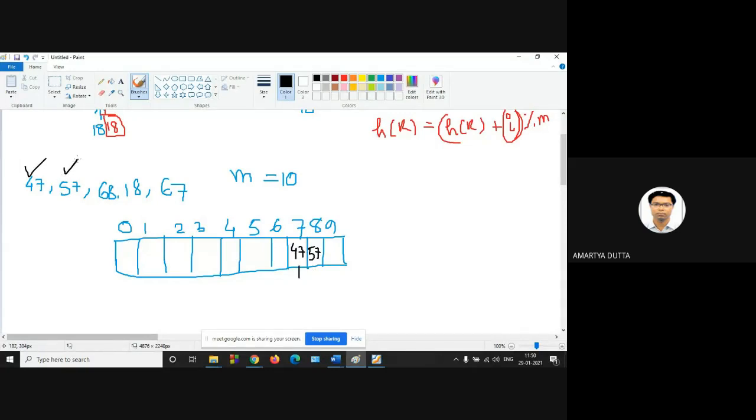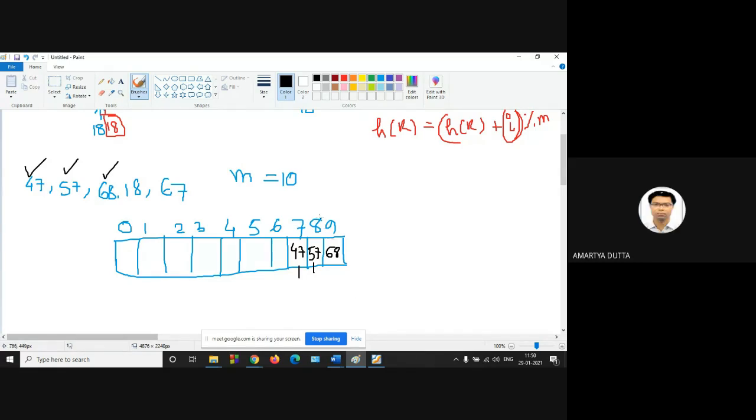Next is 68. So again there will be a collision and 68 will be inserted at 9. Next 18. Again there will be a collision and 18 will be inserted at 0. So how many collisions?